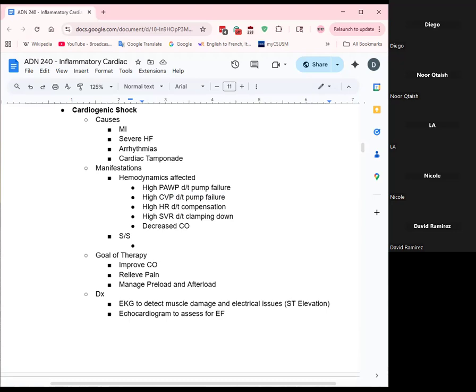What are some signs and symptoms that you could expect for cardiogenic shock? In case you guys get a select all that apply when it comes to this, because I know you guys really hate those.